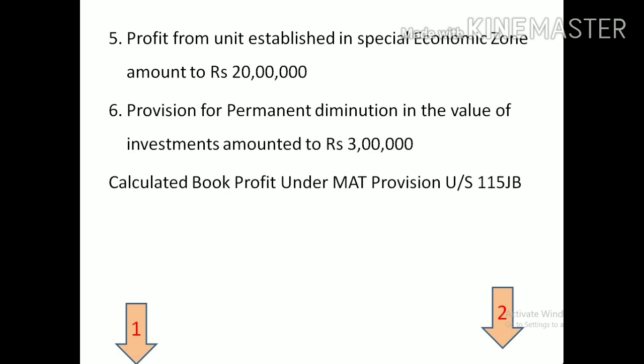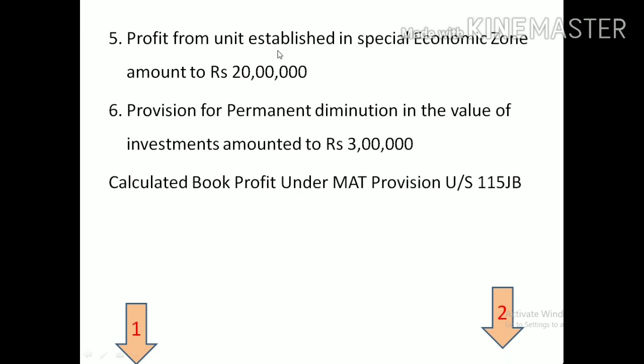Next one we have, that is a profit from unit established in special economic zone amounting to rupees 20 lakh. See here, don't take it here, there is an income. Okay, the company credited it to profit and loss account, but don't deduct this amount.